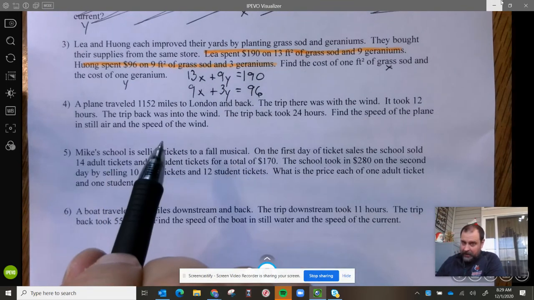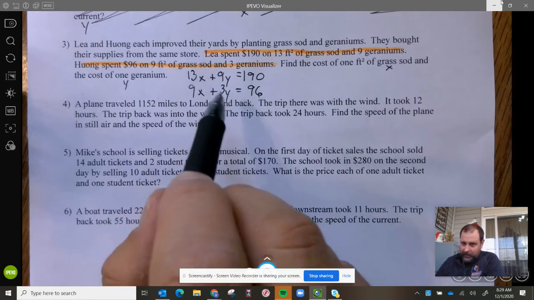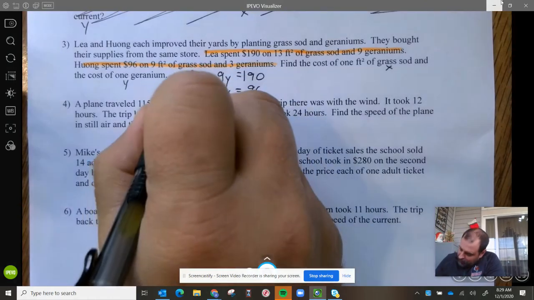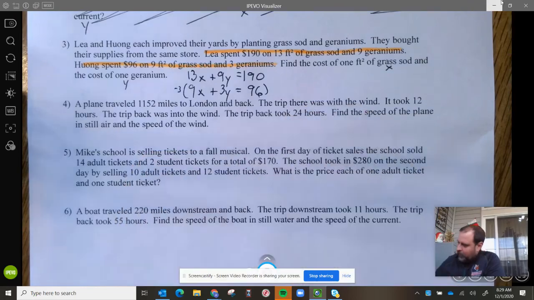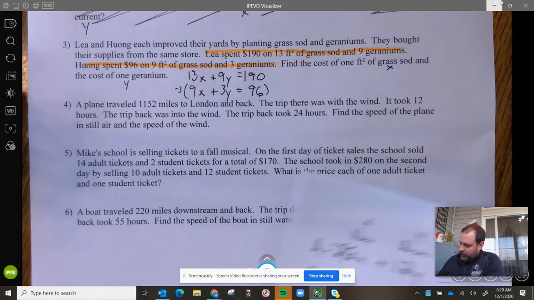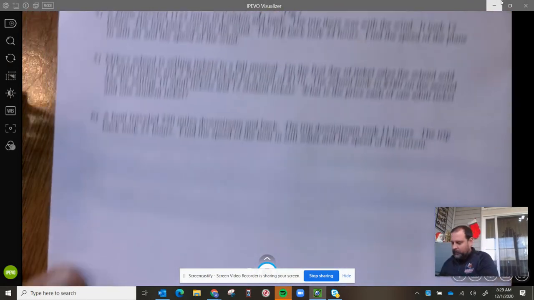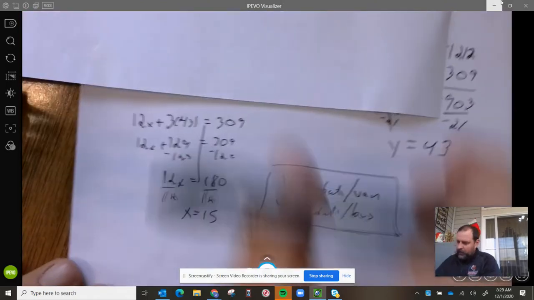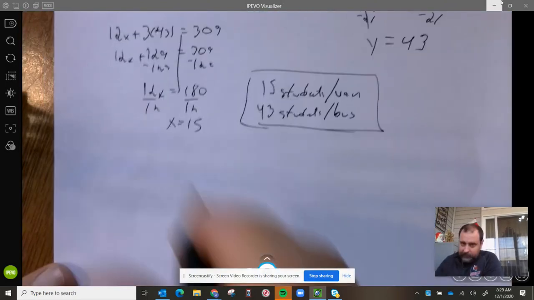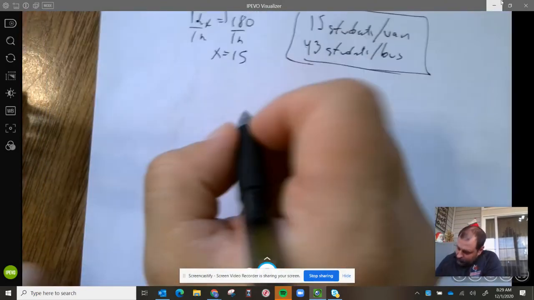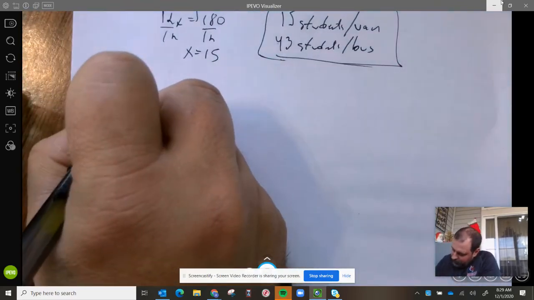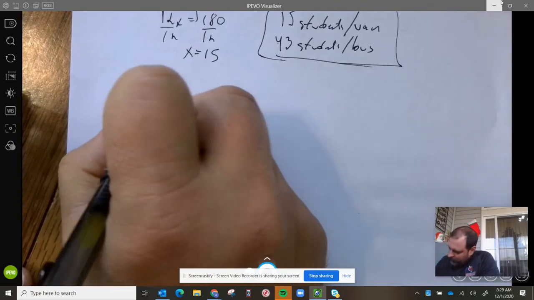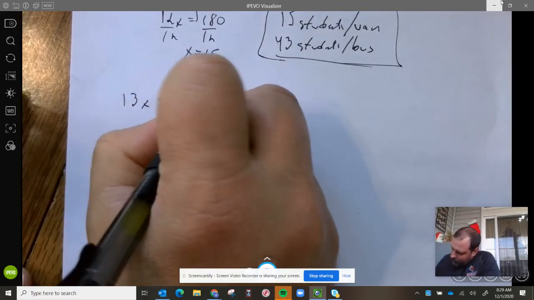I don't want to try to change 9 to 13. That's going to be multiplying by big numbers. So I'm going to multiply the bottom row by -3. Okay. This I'm going to go back and do on this other sheet now. So the first row will be 13x plus 9y equals 190.